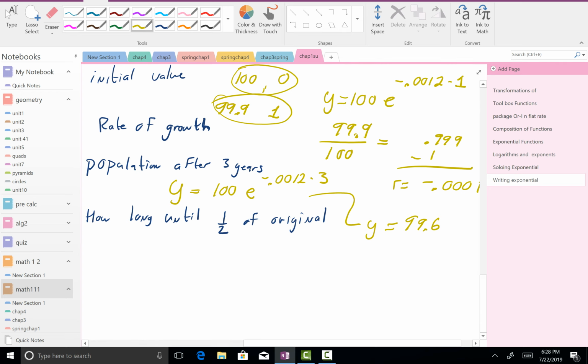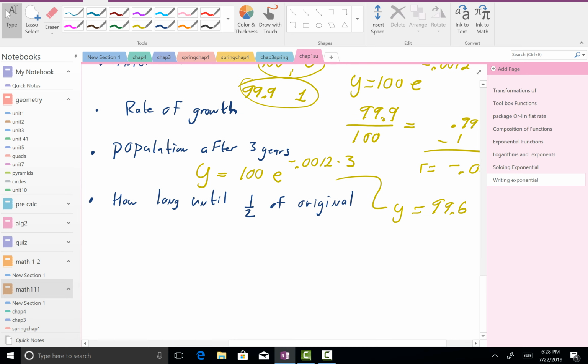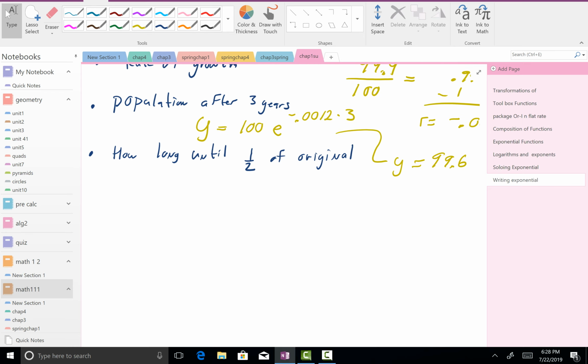How long till half of the original? So now we want to know how long it takes until we get half of that. All right, so what did we start out with? 100. Okay, so now we want to know, how long is it going to take?